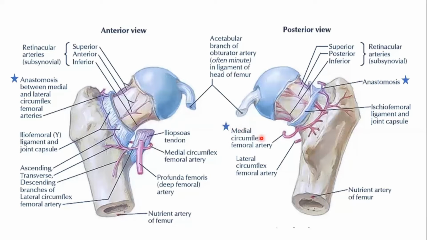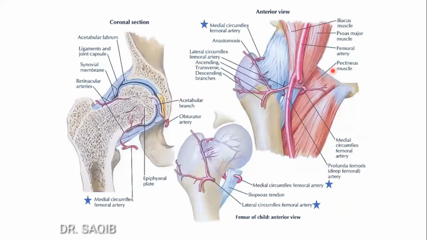And here you could also see the medial circumflex femoral artery. It's the main branch supplying the head, at the upper end. And this is the anastomosis I was talking about previously, right? You see this picture. It's a beautiful picture. These are the retinacular arteries. You could see over here these three: superior, posterior, and inferior. Again, over here you can see this with more clarity.